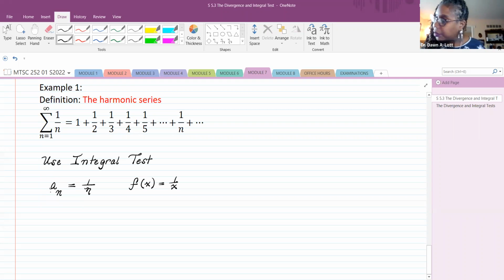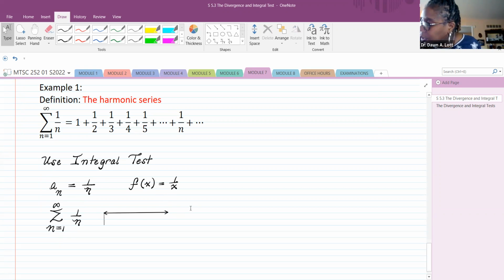So now we have the sum n equals 1 to infinity of 1 over n, and its counterpart is the integral from 1 to infinity of 1 over x dx. There's a relationship that we are going to use between these two.